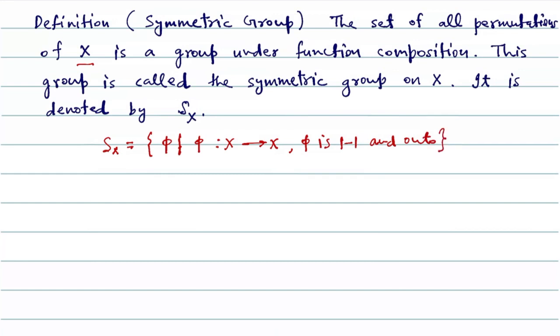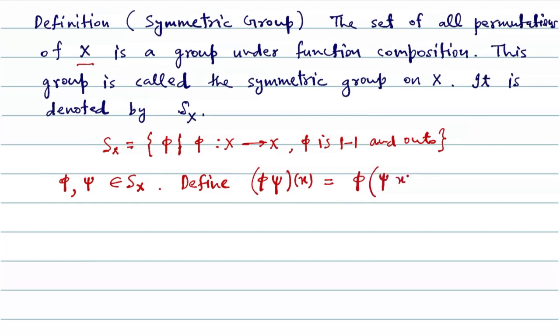If we take two elements of S_X, phi and psi, we define their composition, denoted as phi psi. So phi psi of x is equal to phi of psi of x.